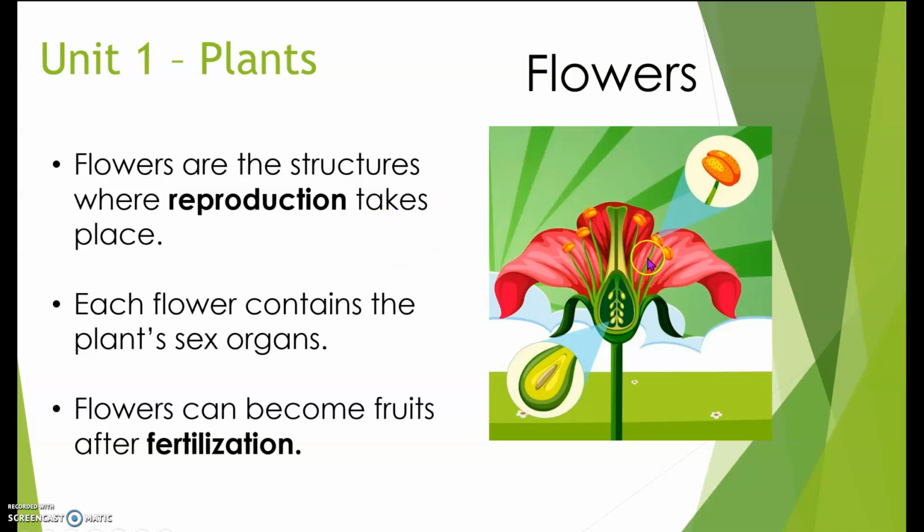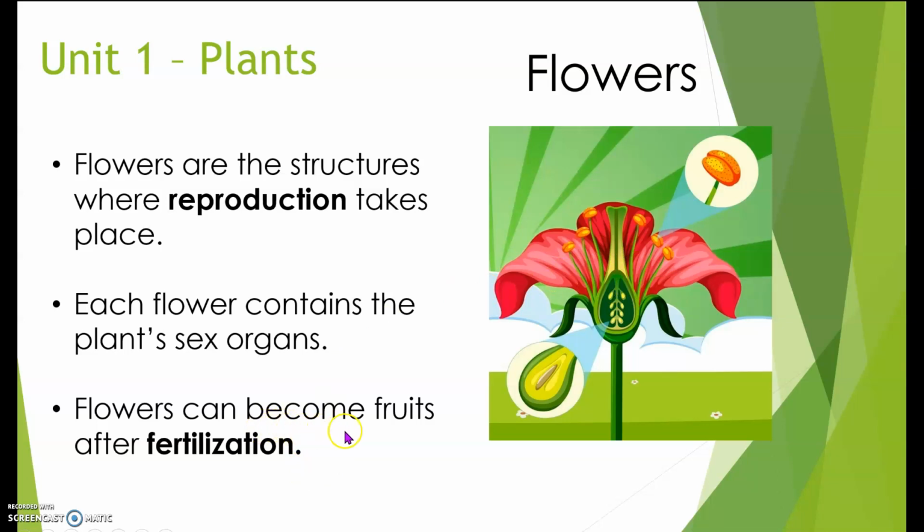So the reproduction happens in the flower. Next, each flower contains the plant's sex organs. So we can find the sex organs of the plant in the flower too. We will talk about the parts of the flower later.